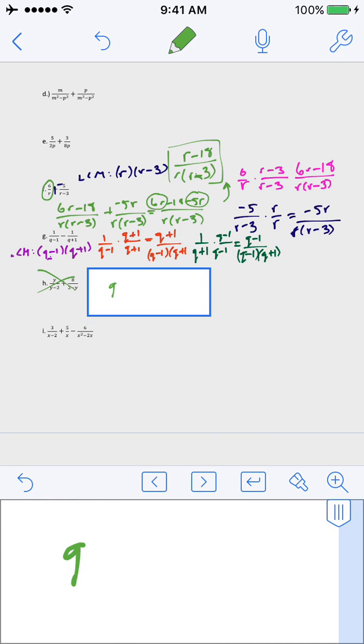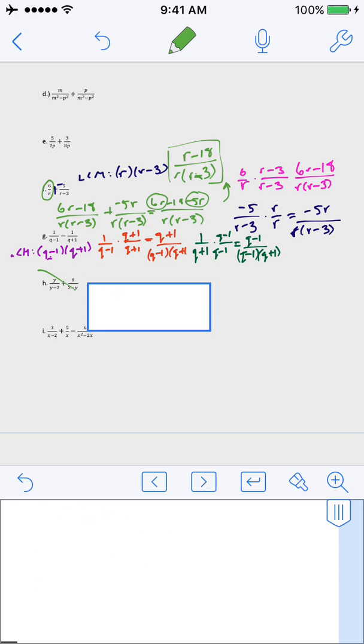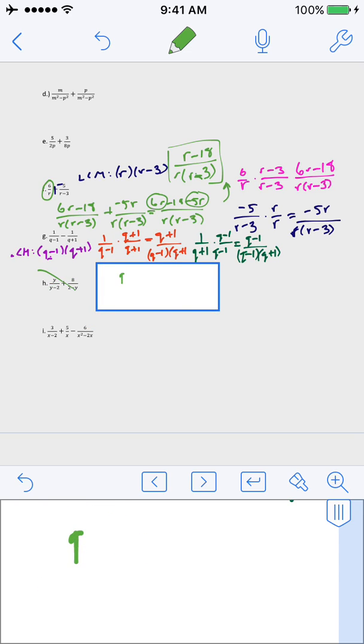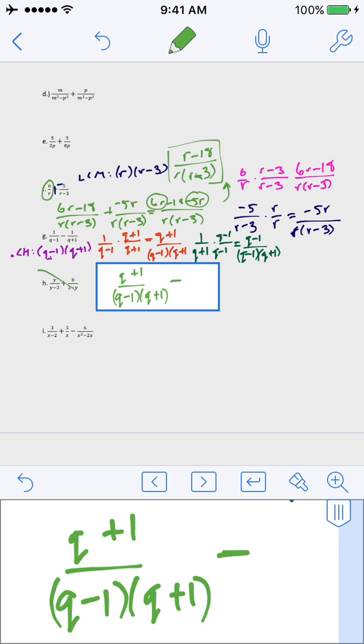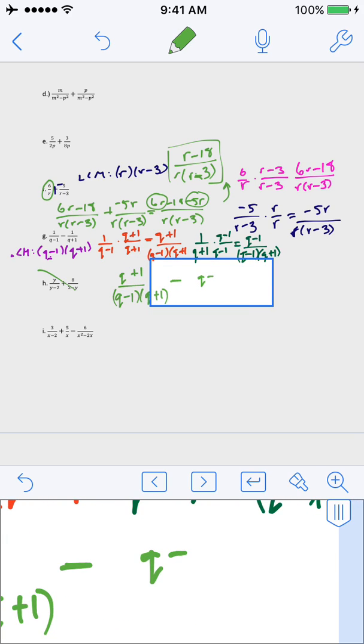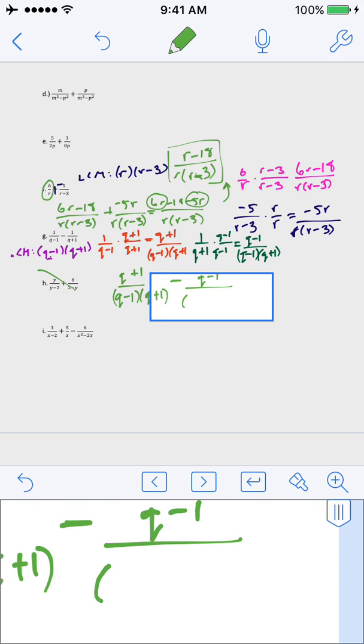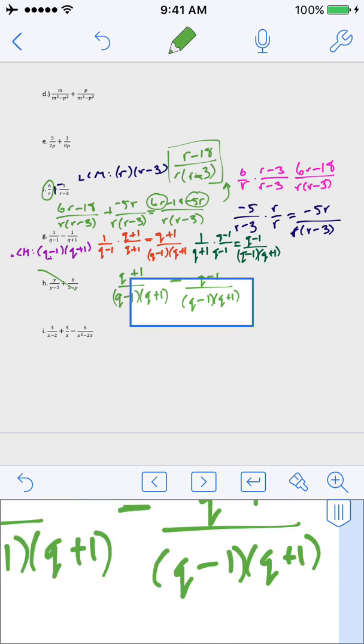I've got q plus 1 over q minus 1 times q plus 1 being subtracted from q minus 1 over q minus 1 times q plus 1. They match in the bottom. Awesome.